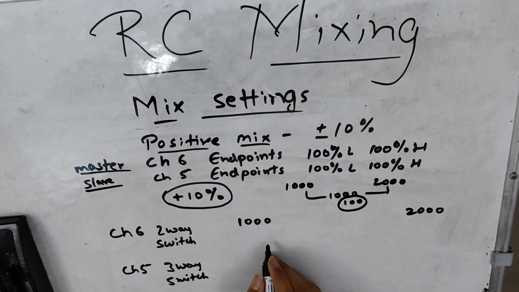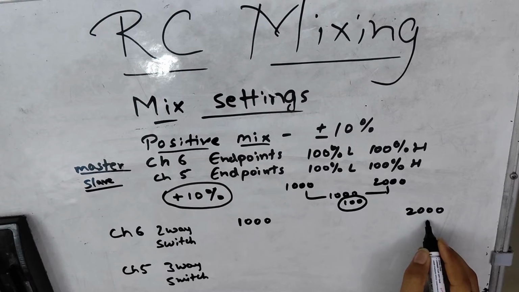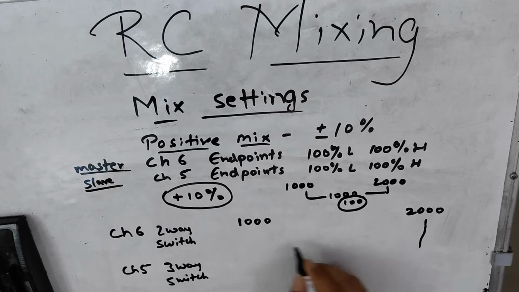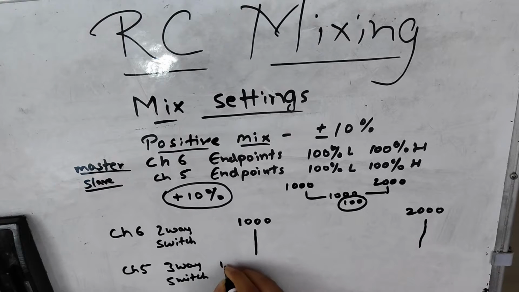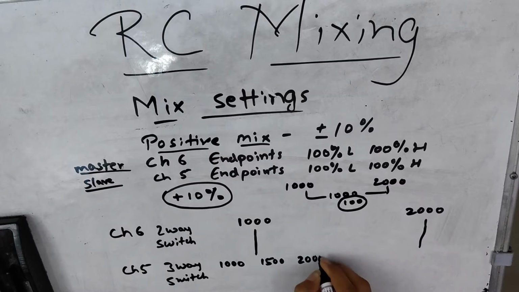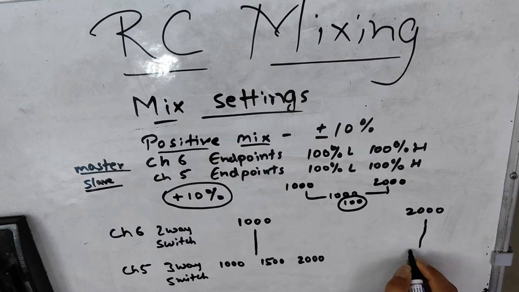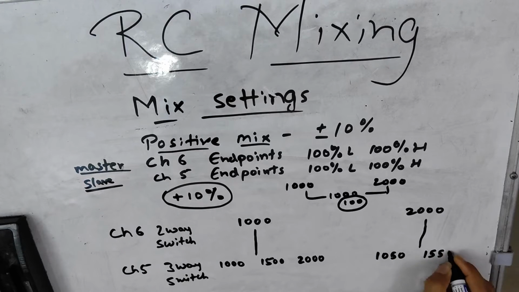Now if you sum the difference between 1000 and 1050, 1500 and 1550, what we get is 50 plus 50, 100. So the 100 value is subdivided into 50s for the respective PWM values. We'll see another example and hope it would be clear.